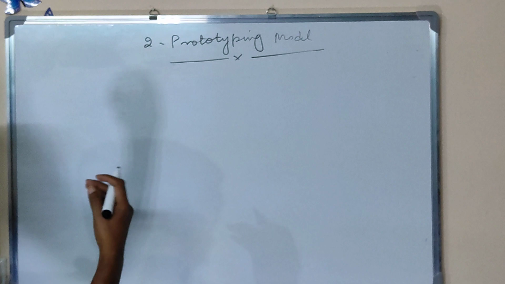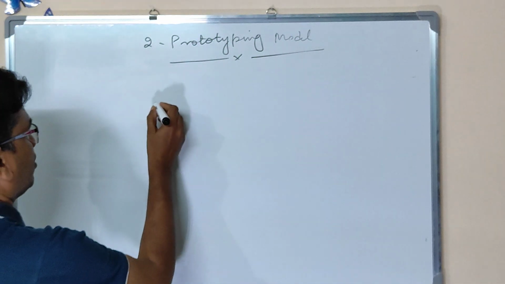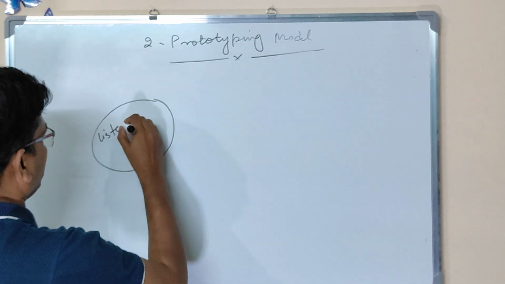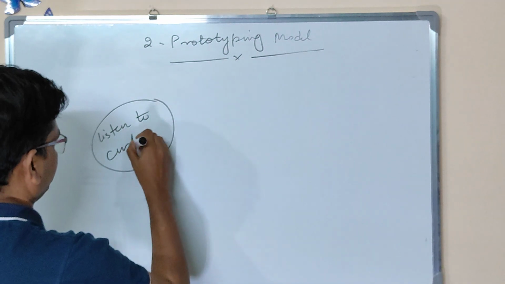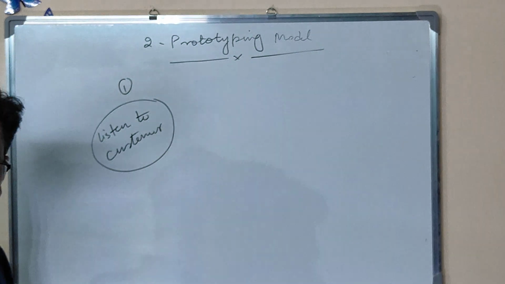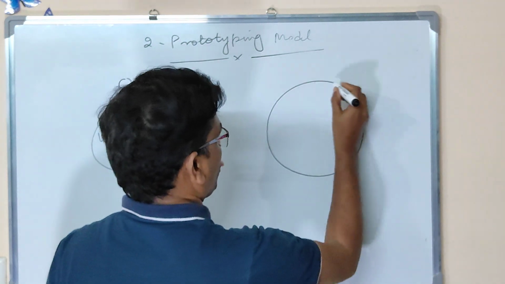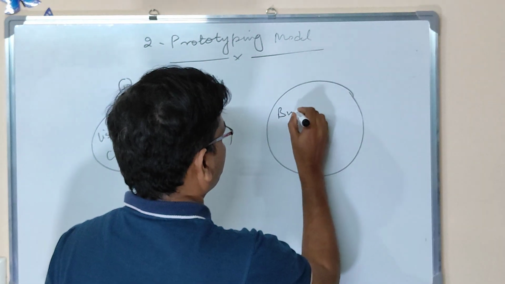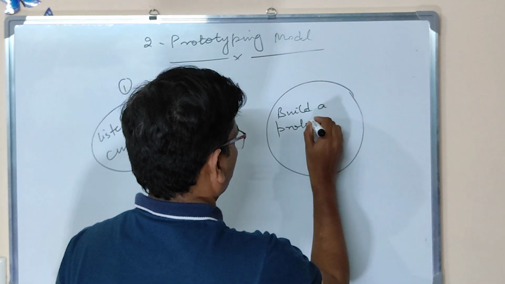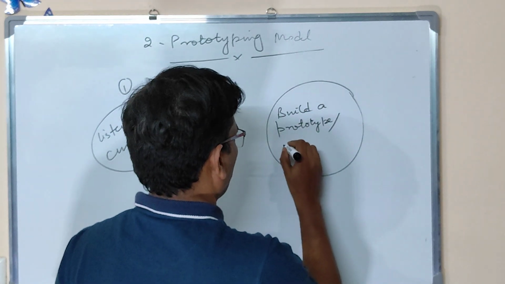So if I assume what actually happens in the prototype model, the first step according to me is listen to customer. This is the first step. Based on the customer's requirement, a prototype will be created: build a prototype slash modify.